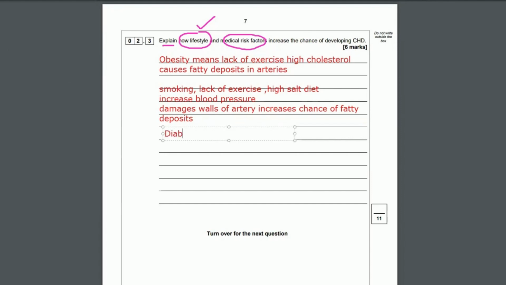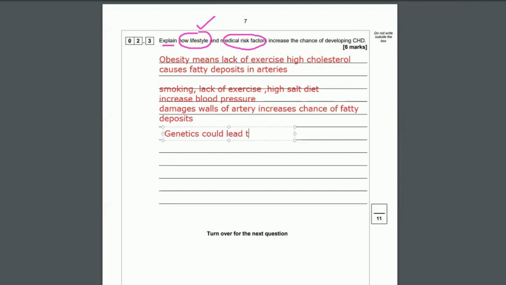So I might say diabetes, or genetics. Actually, let's just say genetics. This is a medical risk factor.